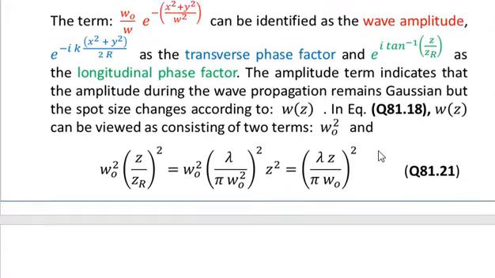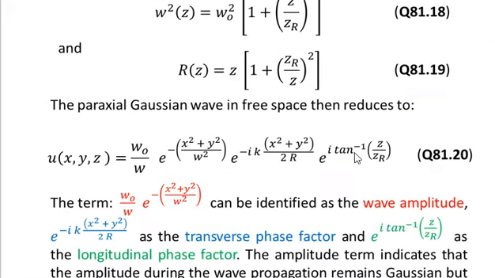And this phase factor, e to the power iota tan inverse of z over zr, if z is much greater than zr or much smaller than zr, then of course you see that this becomes nearly 0 and tan inverse of 0 will be equal to pi by 2.